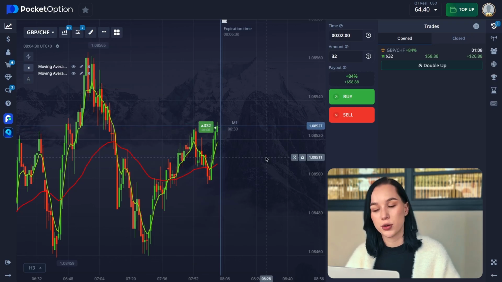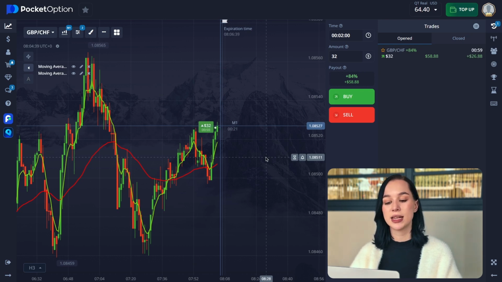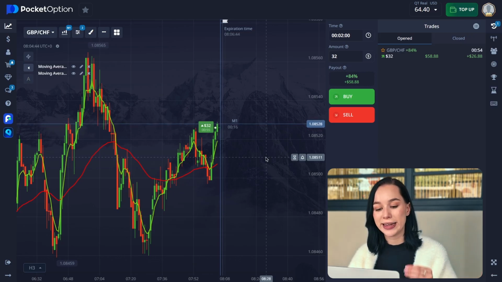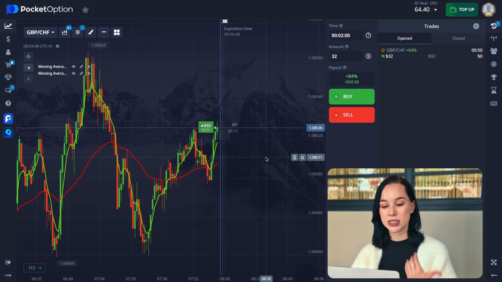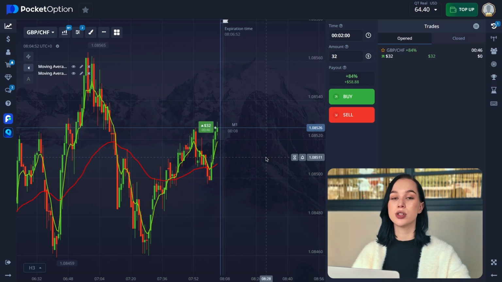Also, going back to our step-by-step strategy, the last step is psychology, of course, because you don't need to see the bonus as a chance to double your account in one day. Treat it as a risk management tool, and the calmer and more disciplined you are, the higher your chances to grow your account to a large sum.